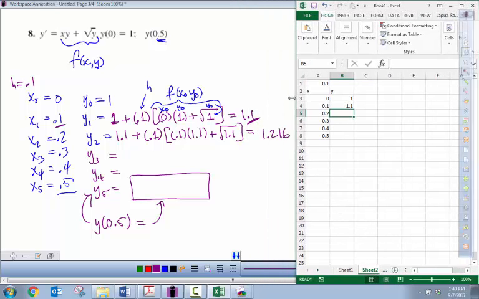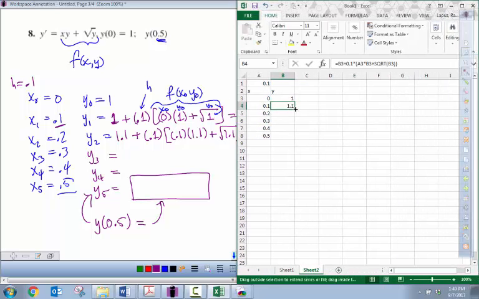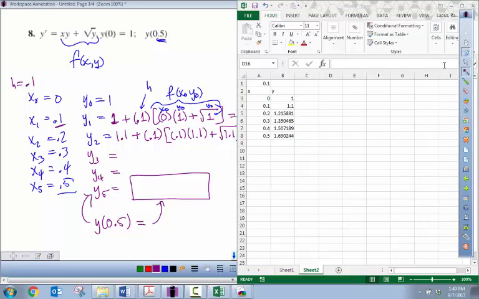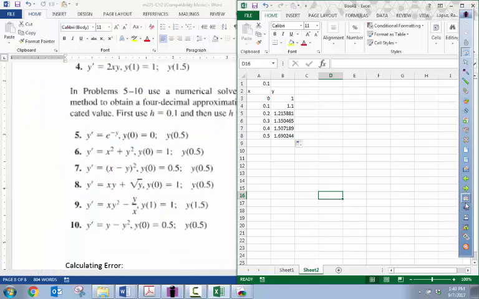The next one is 1.216. And then keep going to get our estimate. So it's going to be about 1.69. 1.690. So that's another thing you have to be careful about. If it's asking for 4 decimal places, you want to try not to round off in your previous steps.